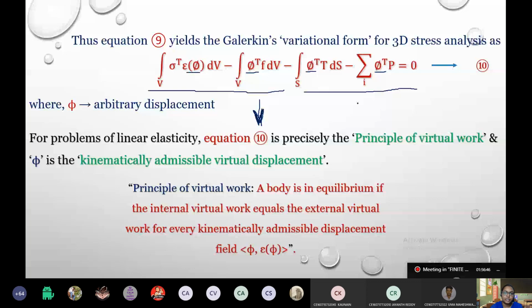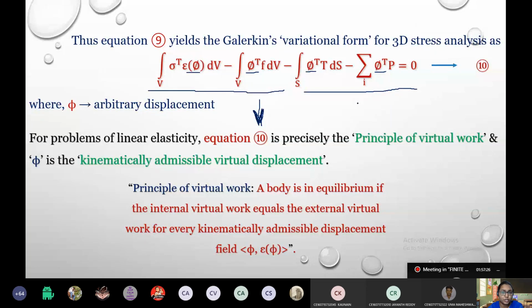For that kinematically admissible arbitrary displacement field phi that we have taken, the internal virtual work should be equal to the external virtual work. That means your Galerkin variational form is with respect to the principle of virtual work. If anyone remembers, we have seen the Rayleigh-Ritz method, which works on the principle of minimum potential energy. This might be your bit questions in your mid 1 or mid 2.